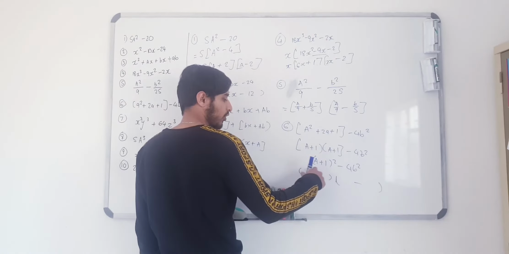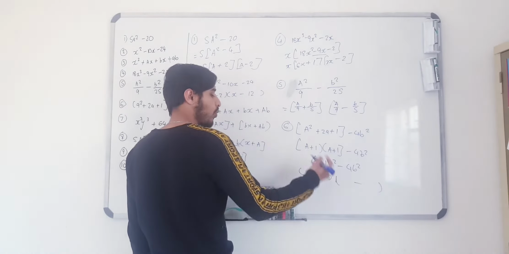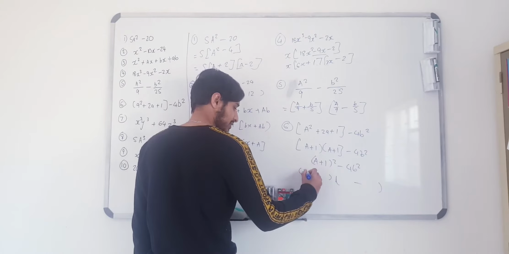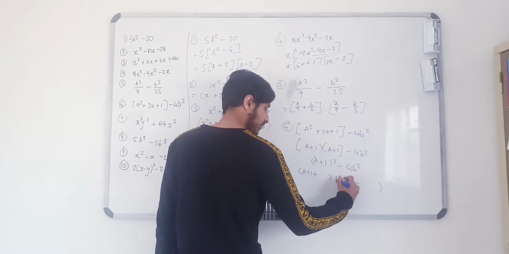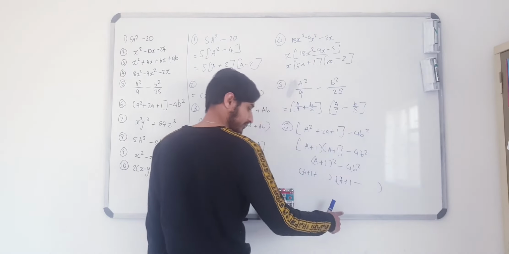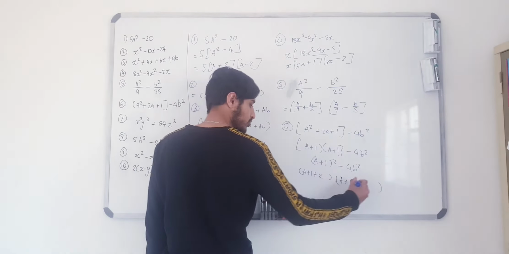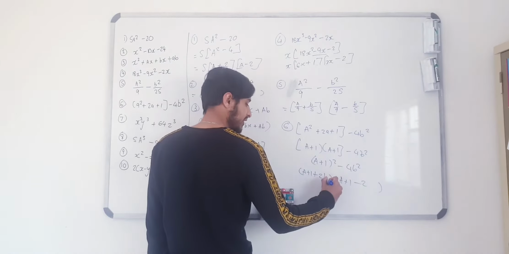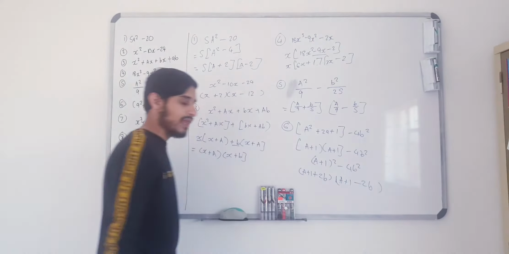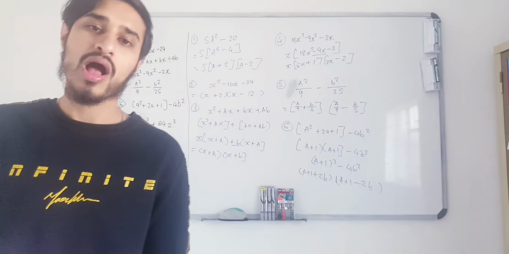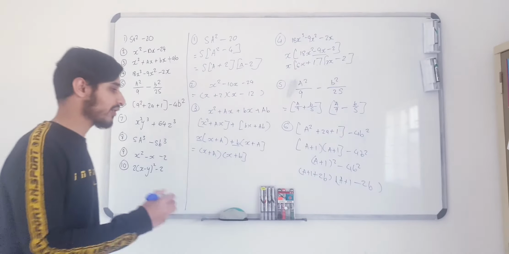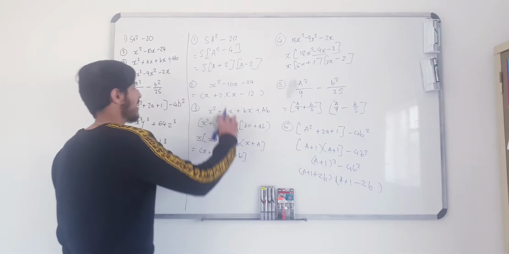I need to put the root of a plus 1. So what is my root of a plus 1? Just a plus 1. And then you're going to have a plus 1. Then you're going to subtract the root of 4, which is 2, so 2, and the root of b squared is b. Lovely. So can you see how simple, how easy that is to factorize? Lovely. Can I erase this now? Perfect.